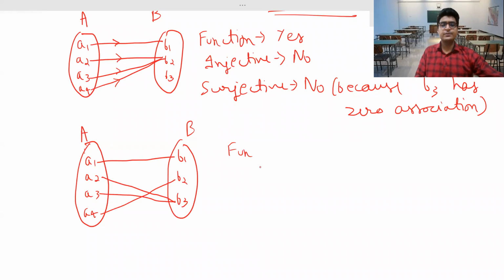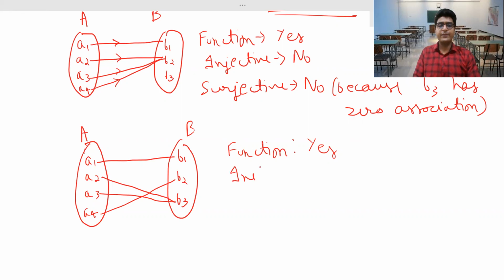Is it a function? Tell me, is it a function? Think about it. Well, each element in set A is associated to exactly one element in B, so it is a function. Exactly one association for each element of domain.